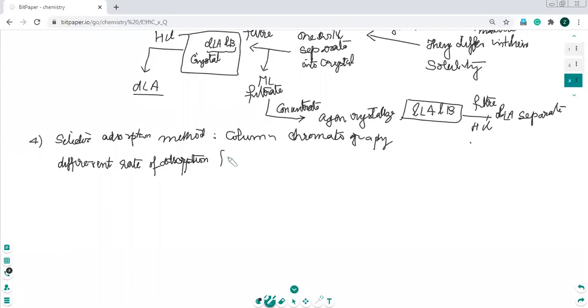The enantiomers show different rates of adsorption on an optically active adsorbent.